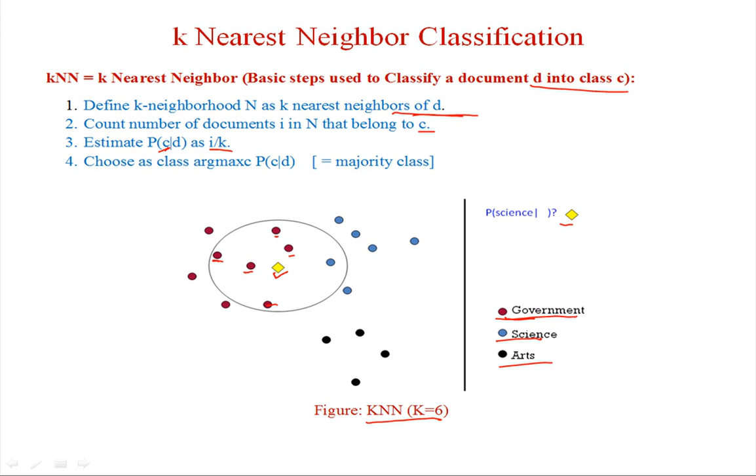So 5 by 6. And for blue documents it is 1 by 6. So 5 by 6 is greater than 1 by 6, so the yellow document will be part of the government class. Now choose the class by argmax, as I already discussed.